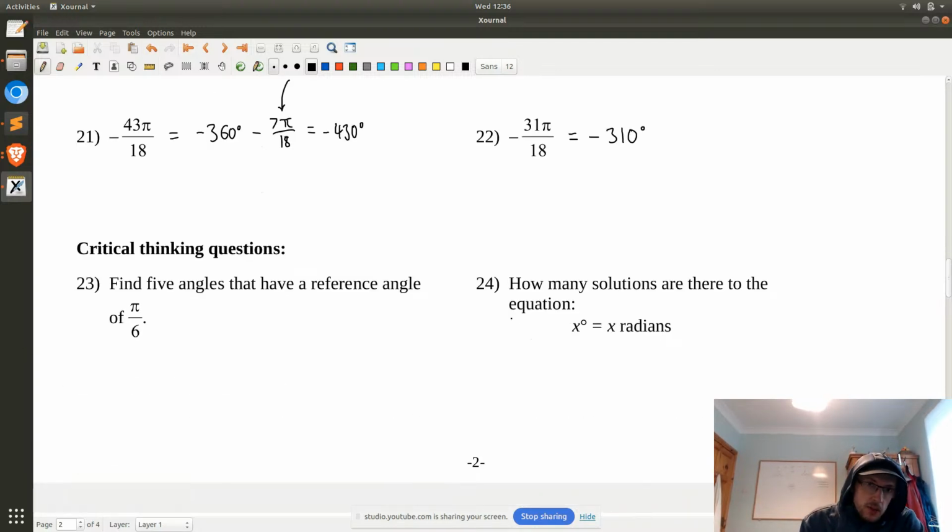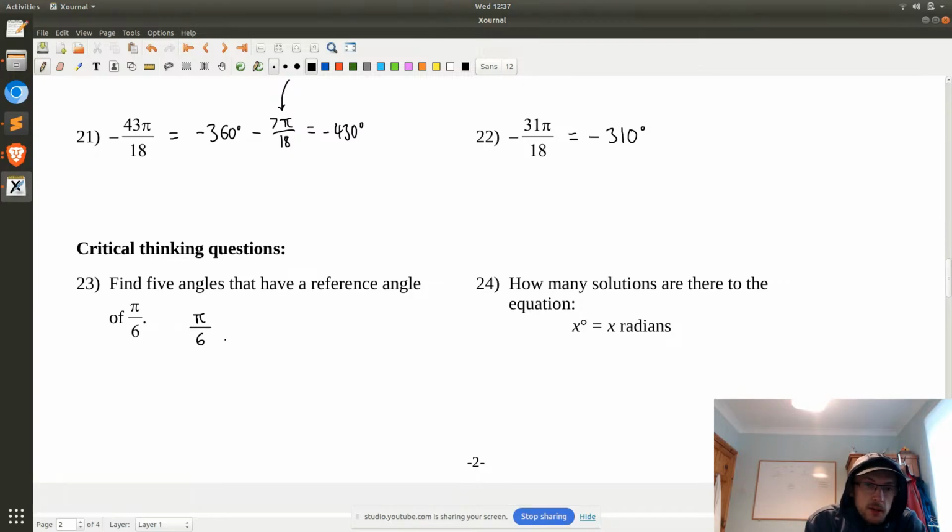Find 5 angles that have a reference angle of pi over 6. 5 angles with such a reference angle. Okay, well, first of all, pi over 6. How about that?